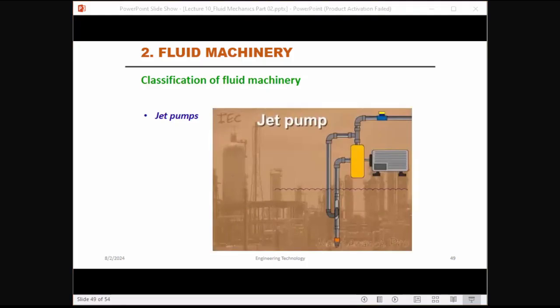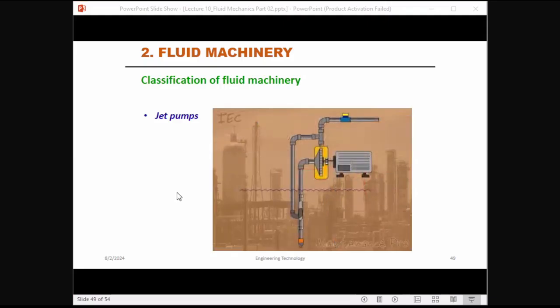In order for the jet pump to begin working, it needs to be primed. To prime a typical jet pump, it needs to be completely filled with water. This includes filling the pump casing as well as the suction and drive lines. Once the system is primed, a centrifugal pump is used to push the water out. Some of the water is discharged while the rest is recirculated into the drive line.